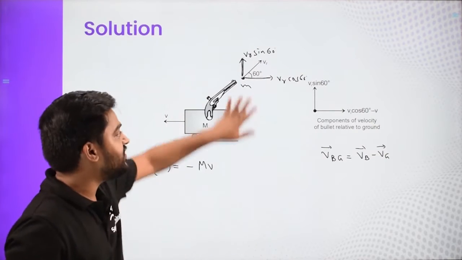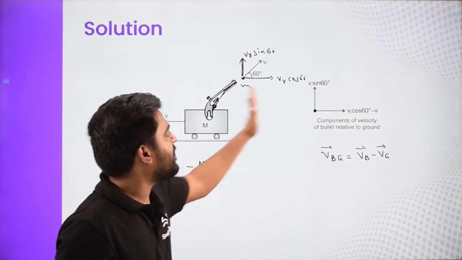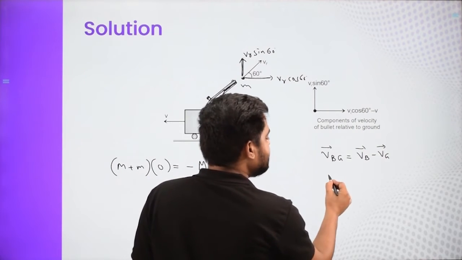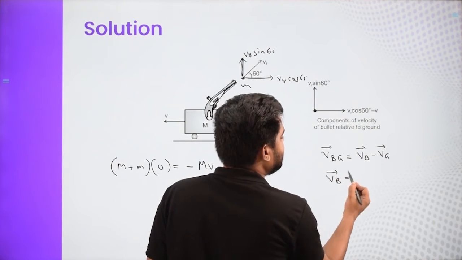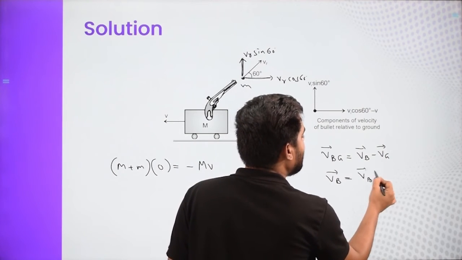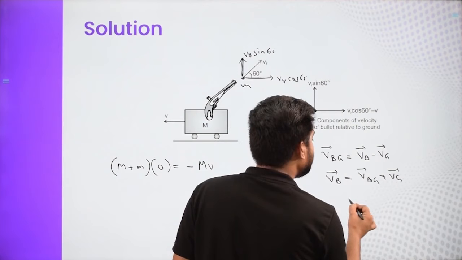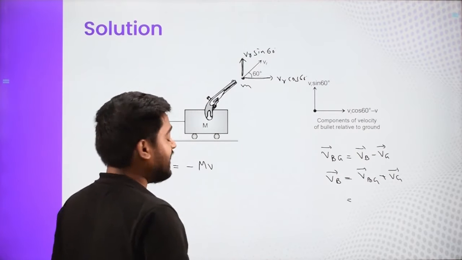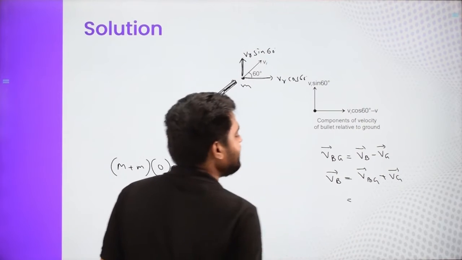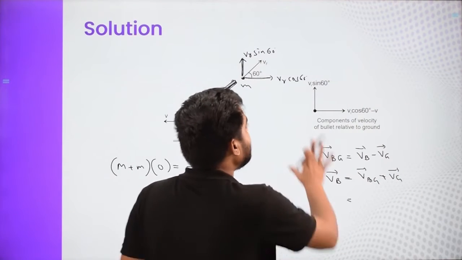VR sin 60, we don't have to do anything, I'll just talk about horizontal velocities. The actual velocity of the bullet is nothing but the velocity of the bullet with respect to the gun plus the velocity of the gun, which is itself. So this is VR, but VR what?